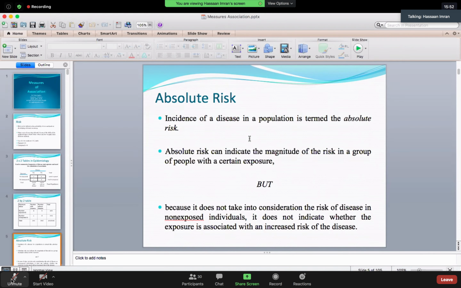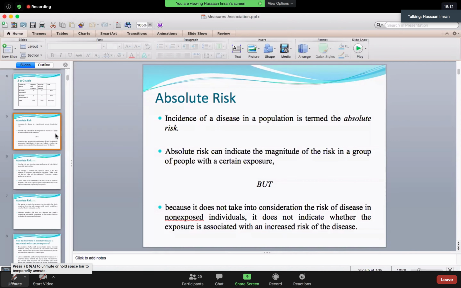That is why we always weigh, balance and contrast what is happening among those who have a risk factor and what is happening among those who do not. This is exactly what is mentioned in this slide also. You will read it up yourself and I will take you to the next one.